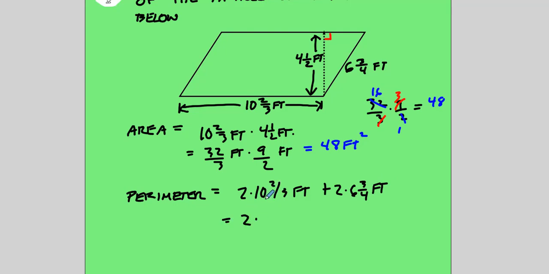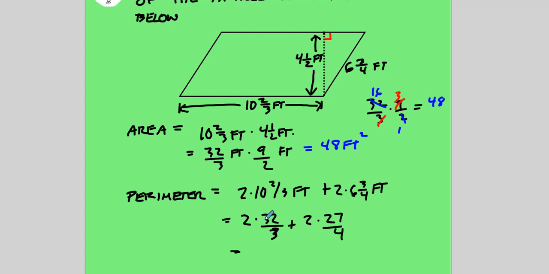So that's 2 times, the way I change a mixed number to an improper fraction, I take 10 times 3, which is 30, plus 2, which is 32, over 3, that's going to be feet, plus 2 times 6 3/4, that's 6 times 4 is 24, plus 3 is 27, over 4.